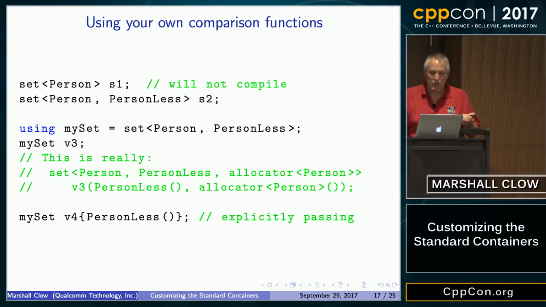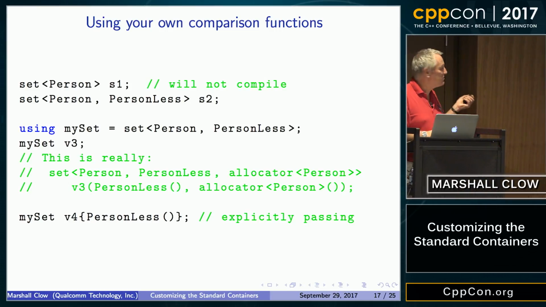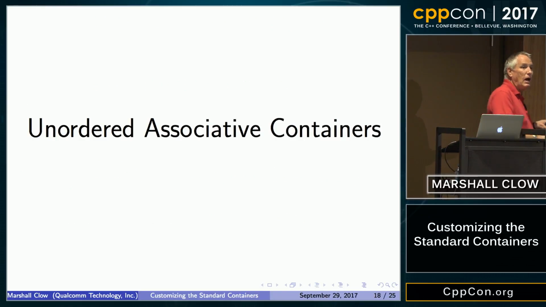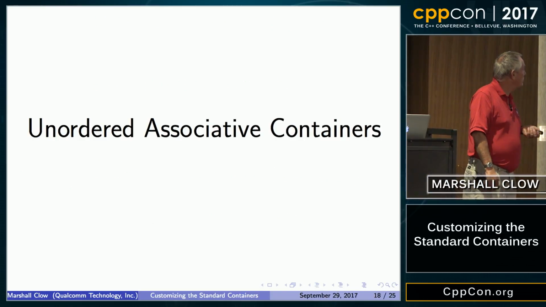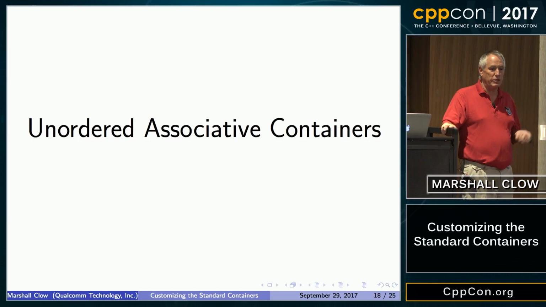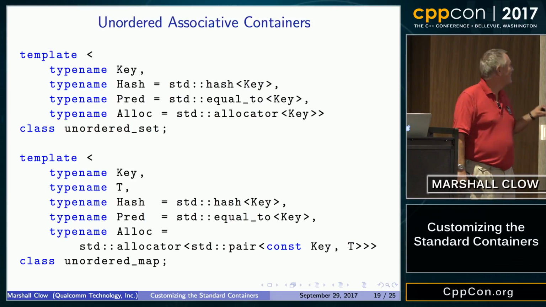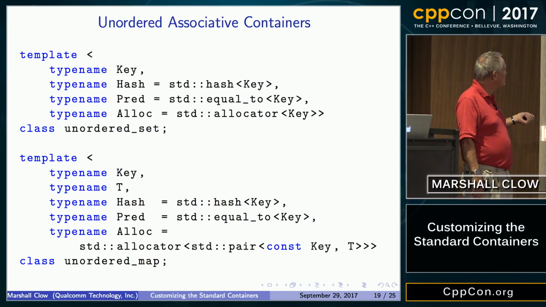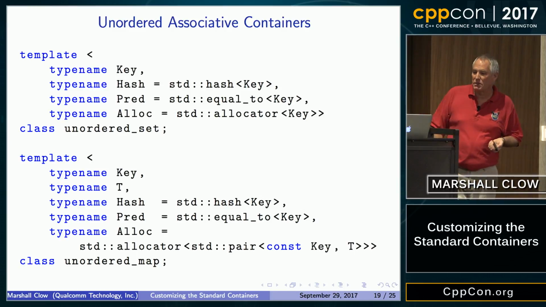So anyway, I've got 5 minutes left and I have like 6 slides left. So let's go. Unordered associative containers. Unordered associative containers are just like associative containers, except they're unordered. See, we're done now. The interface looks just like the associative containers, except they have this thing called hash, and they have this thing called pred, and they don't have this thing called comp.